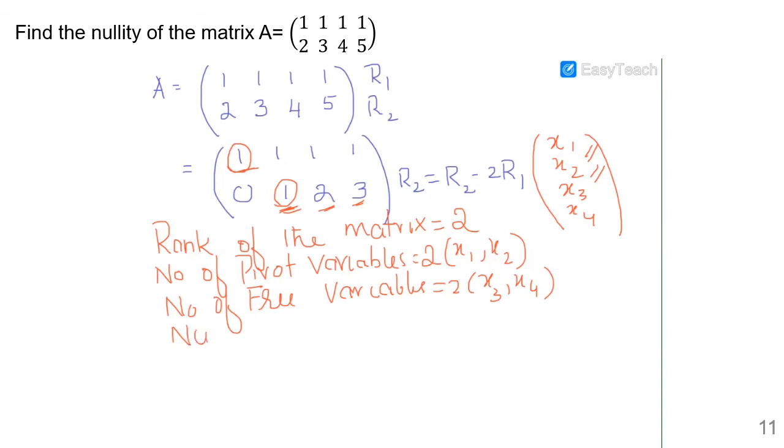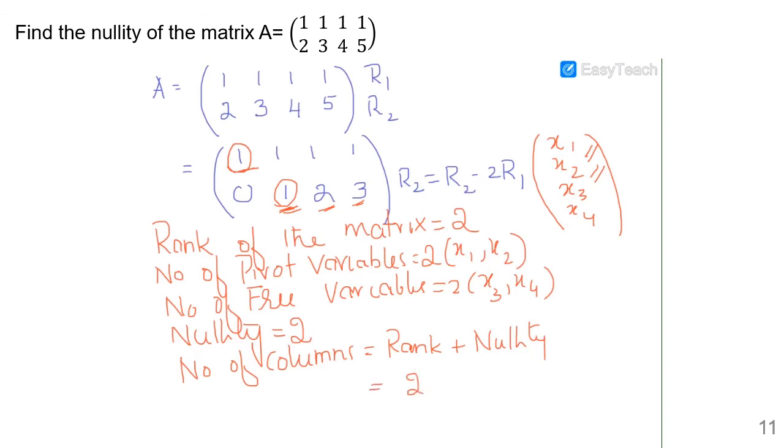Nullity is equal to the number of free variables, so it is equal to 2, and the number of columns is equal to rank plus nullity. That is equal to 2 plus 2 is equal to 4.